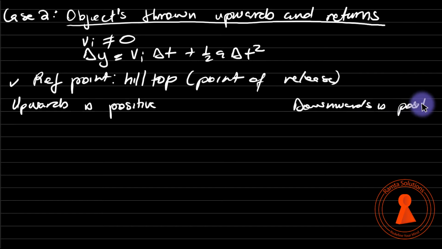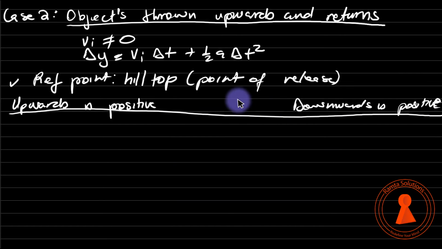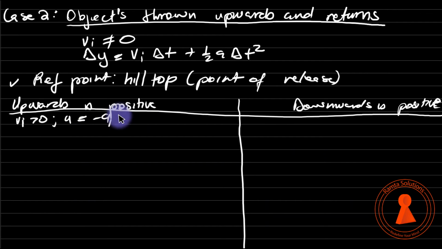Remember, this one here is where we have a time axis. If you remember from velocity versus time, this is where we have time symmetry. Now, here, you expect your initial velocity to be positive, and obviously your acceleration vector is negative 9,8.